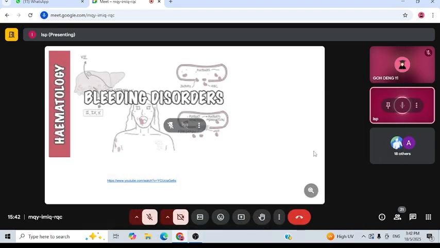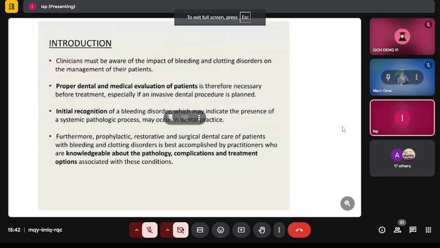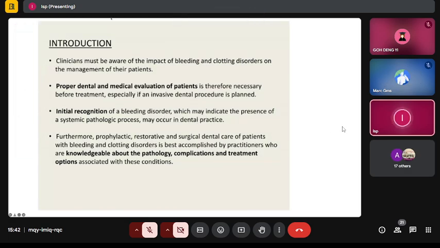If you haven't gone through the video, feel free to go through it again during your revision time. Okay, so why are bleeding disorders important? Because even in dentistry, there are a lot of procedures involving or at risk of bleeding.